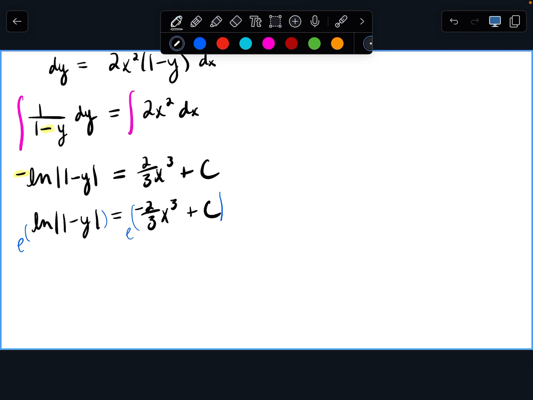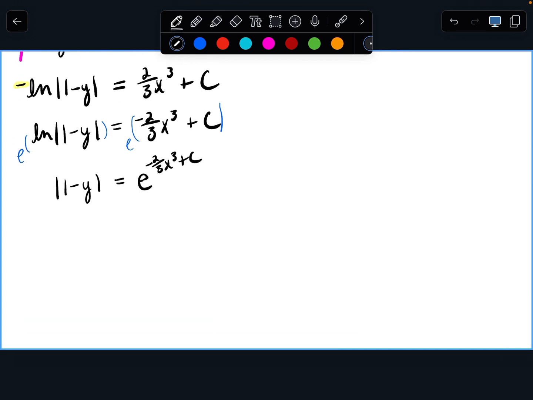Especially with this one, because of the absolute value bars, it's going to account for that anyway. So you get e to the negative 2/3 x cubed plus c. And then remember, you can write that plus c as a new and improved plus c by doing exponent rules. So you could do 1 minus y equals e to the negative 2/3 x cubed times e to the c.